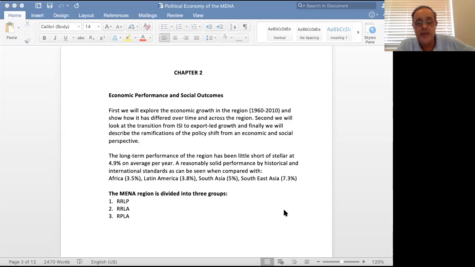In other words, this is a strategy that was followed by these countries in order to give a huge shot to their economies.